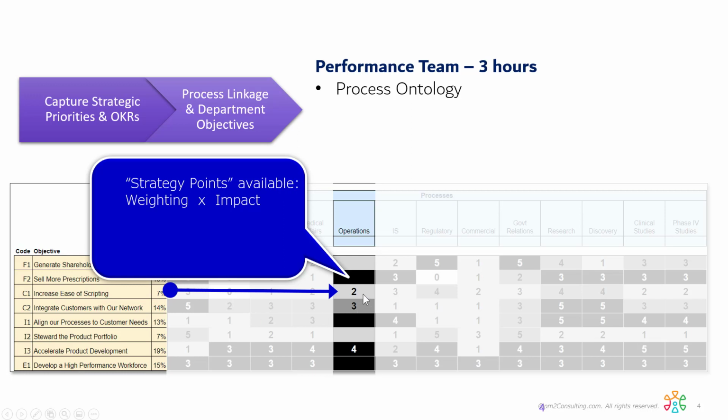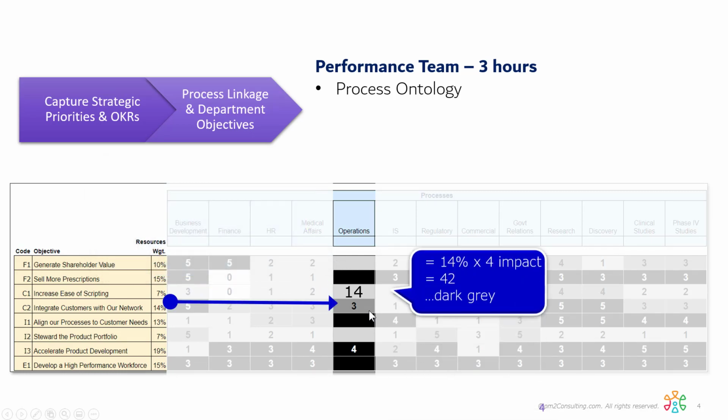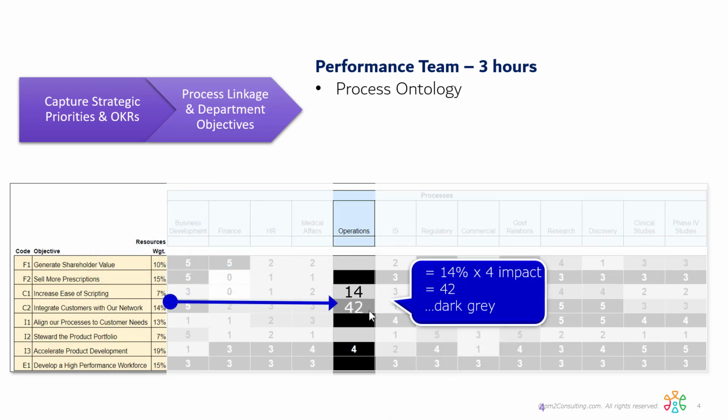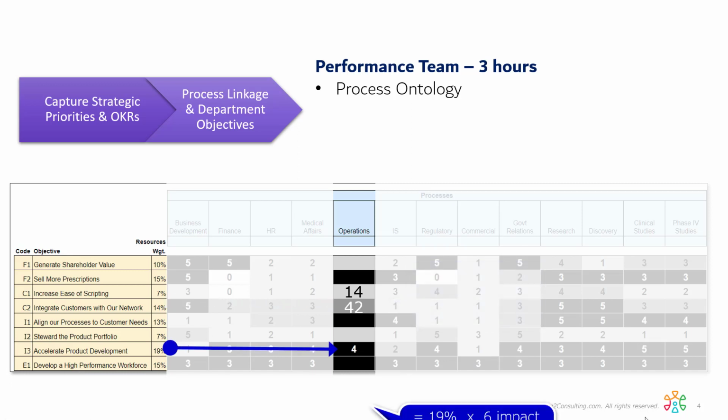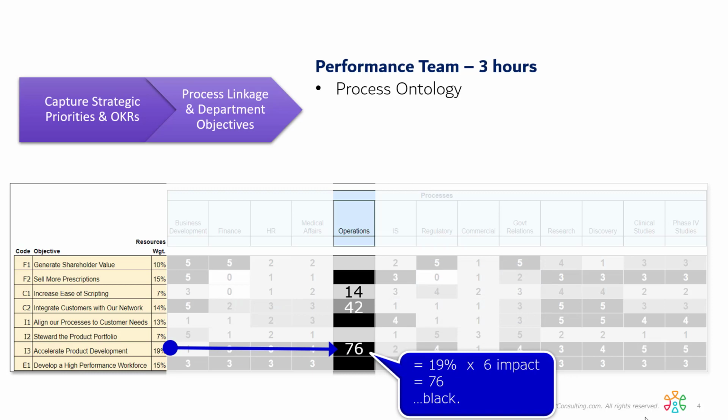So this cell is just 7 times 2, 7% weighting, 2 impact, 14 strategy points. The next one down, as an example, is impact score of 3 against a weighting of 14, so a score of 42. And then down here as an example, and here we have 4 times 19 or 76 strategy points.